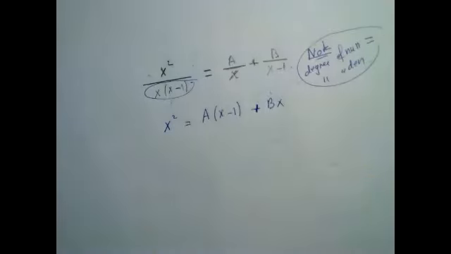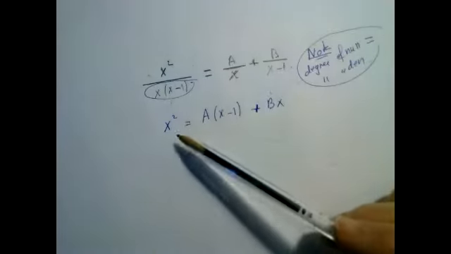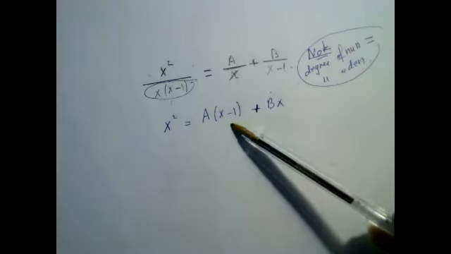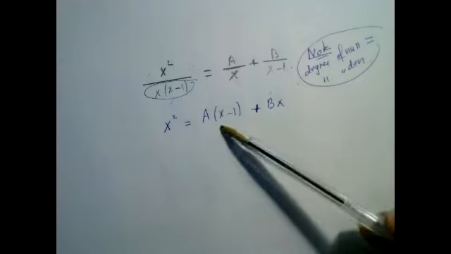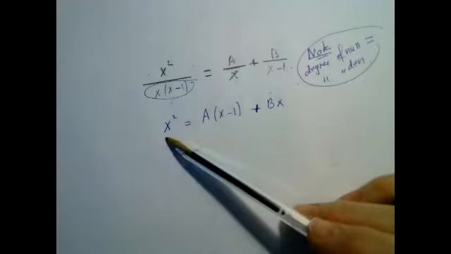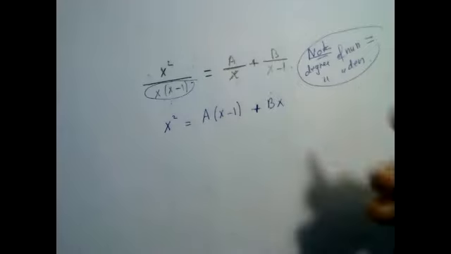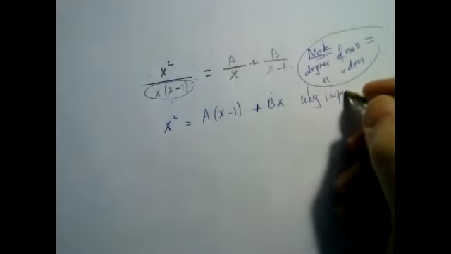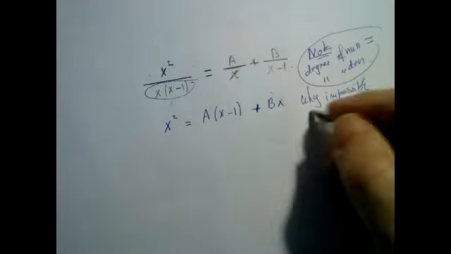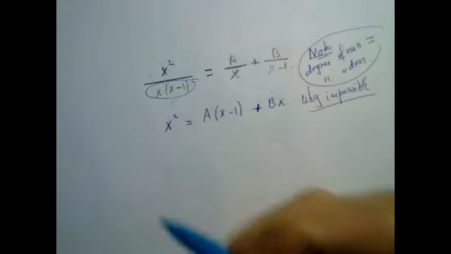But now watch what the issue is. Why is it impossible to find A and B so that this expression equals this expression? Is it because there's no x squared on one side? Exactly.